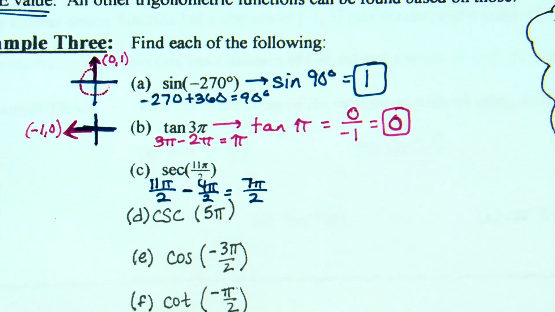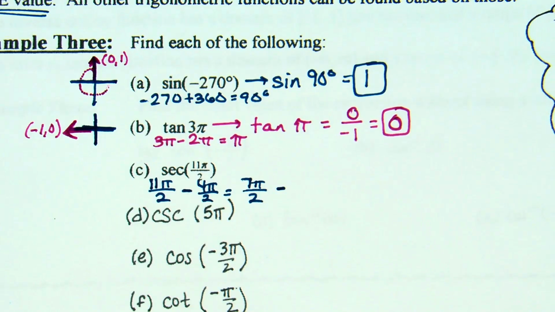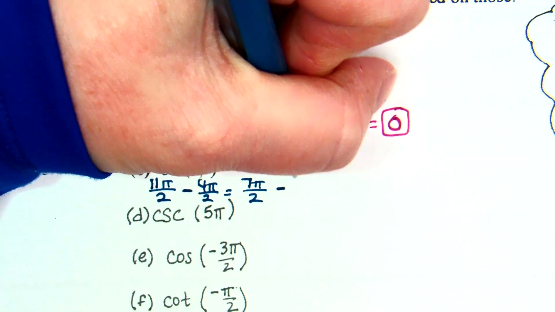Seven pi over 2? Yeah, I did this math. What do we know about 7 pi over 2? It's still big. Ethan's stealing my words back there. Okay, if it's still big, subtract another 2 pi value, which, in terms of a denominator of 2, is still 4 pi over 2.